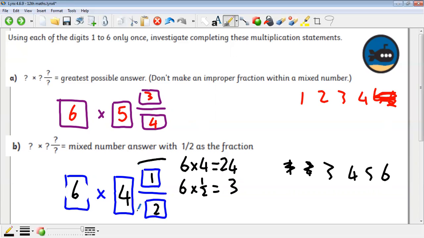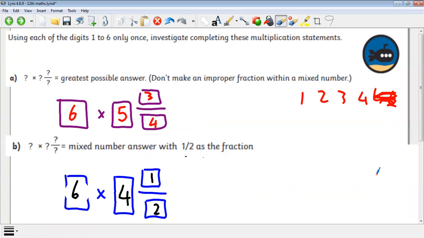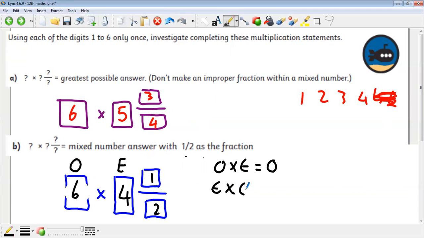So therefore, you're not going to end up with this bit dangling off the edge. One of the numbers in here has to be odd, and one has to be even, because odd times even gives odd. 2 evens won't work, and nor will 2 odds. Odd times odd gives odd.